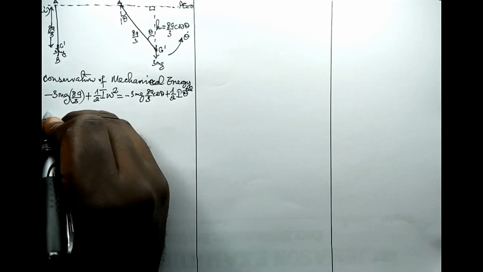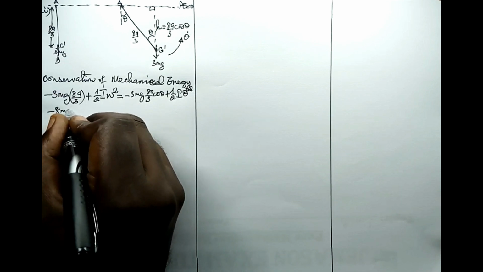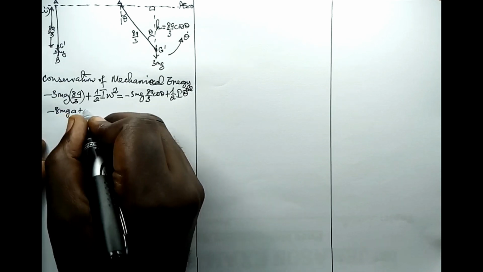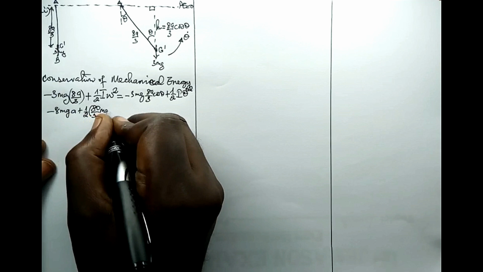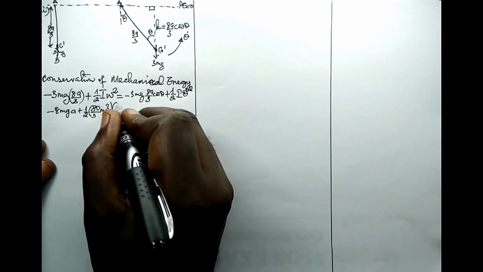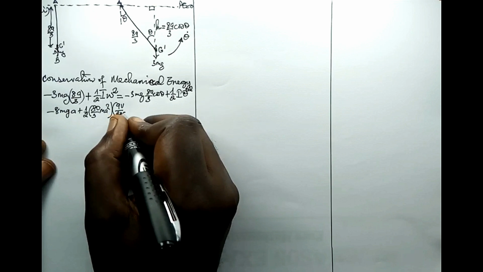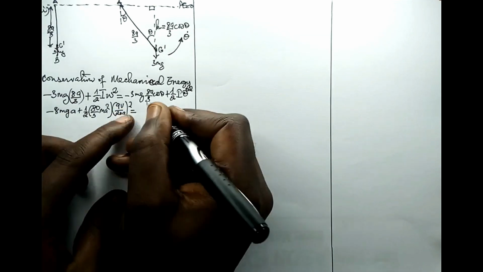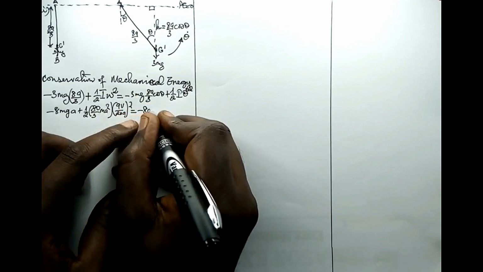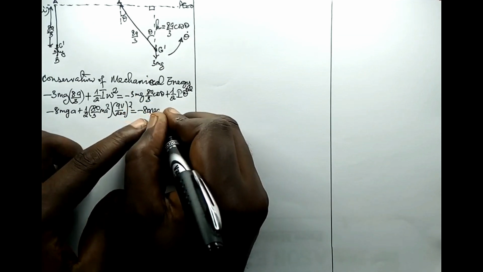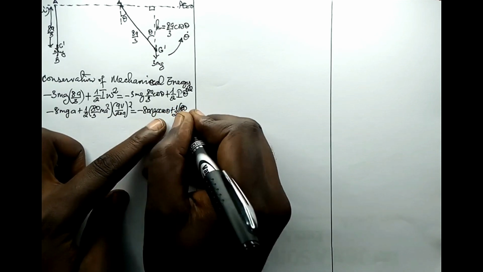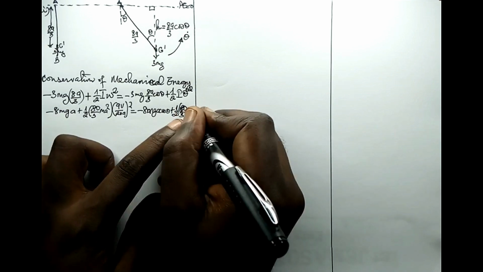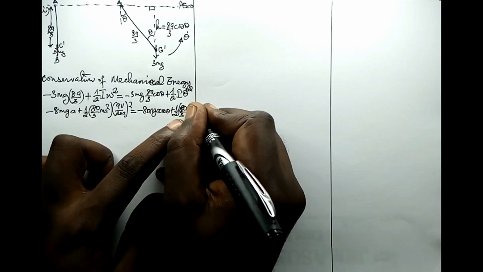So in the next step, I can cancel the 3's and I'm left with negative 8 mga plus half into 80 over 3 ma squared into 9v over 20a, all that squared, equals, 3 cancels 3 here, negative 8 mga cos theta plus half into 80 over 3 ma squared theta dot squared.